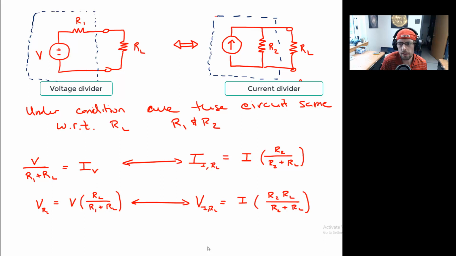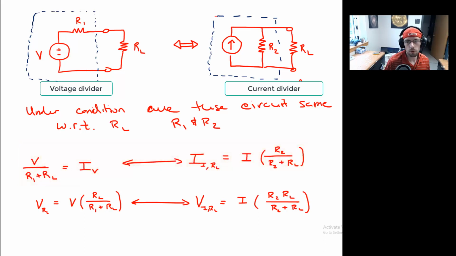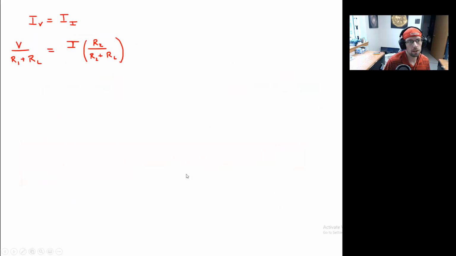So let's see if we can use, for example, this top relationship in order to figure out the restrictions on R1 and R2. Next, taking the liberty of pausing and writing this down. This is really what we want to figure out: we want the current in the situation that has the potential supply to equal the output current when we were using the current supply.